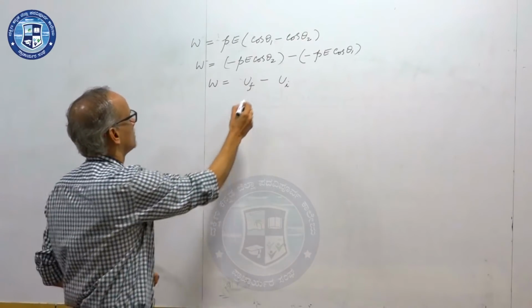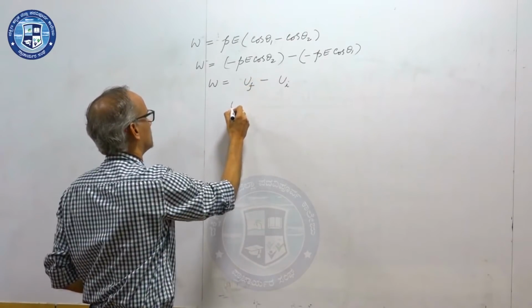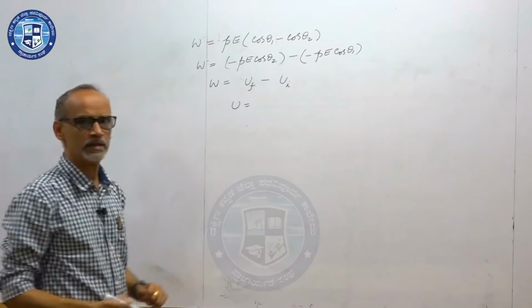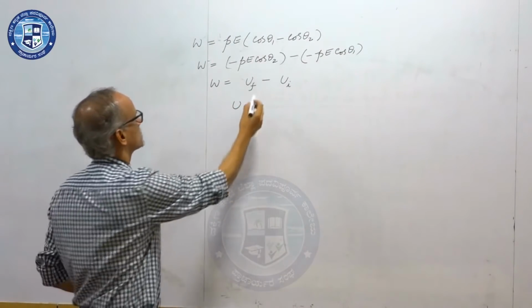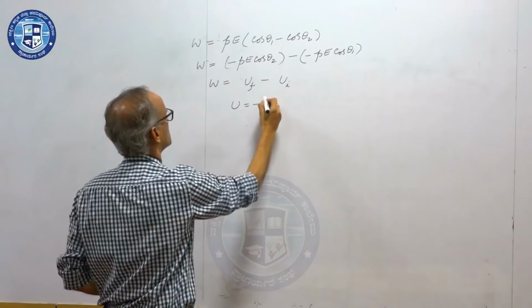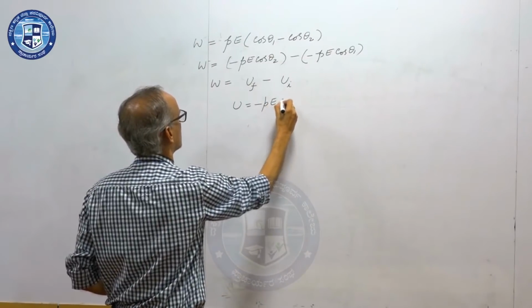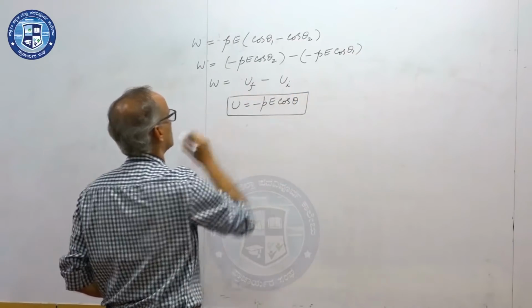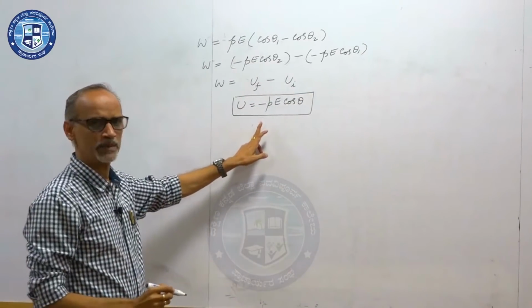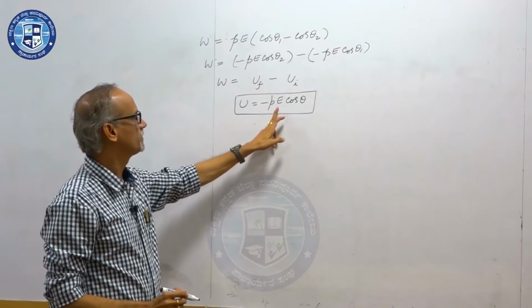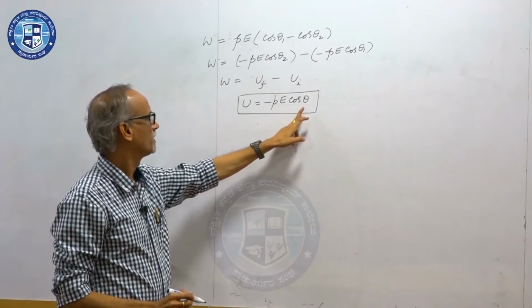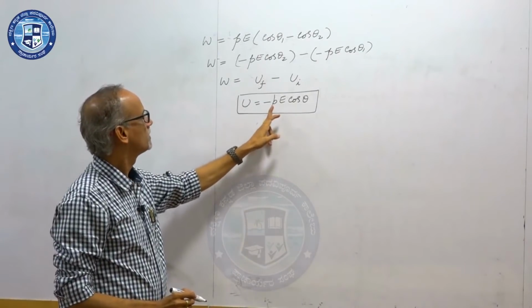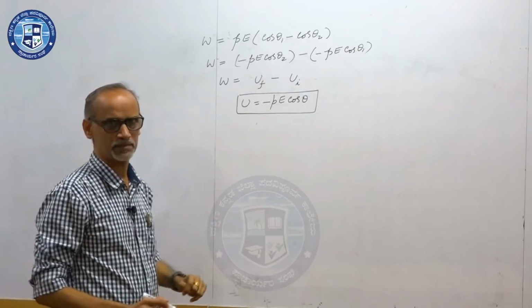Therefore, the potential energy stored in an electric dipole is of the form minus P E cos theta, where P is the electric dipole moment, E is the uniform electric field and theta is the angle between the dipole moment and the electric field.